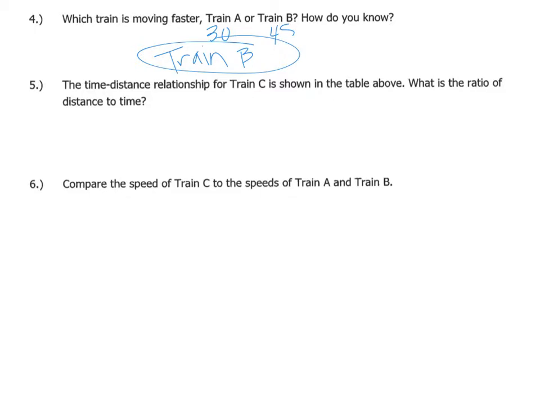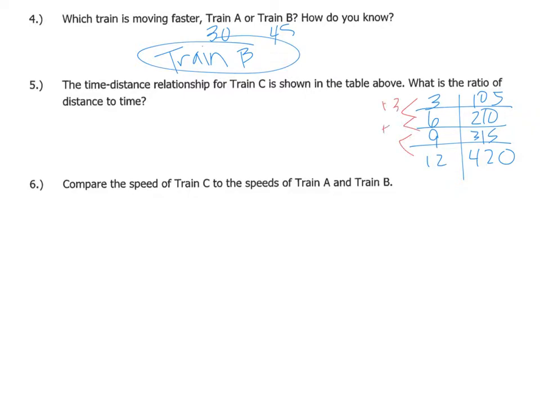But the time-distance relationship for train C is shown in the table. What is the ratio of distance to time? So I rewrote mine over here off to the side so it's easier to see. And it looks like x every single time is going up by 3. And y from 105 to 210 is 105, 105, 105.